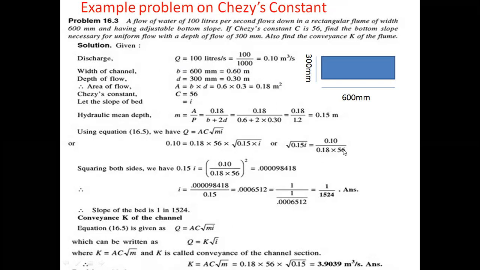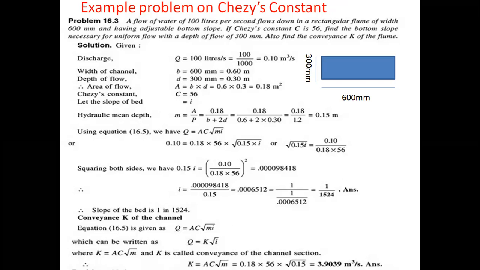Now squaring on both sides, the square and root cancel. Finally, 0.15 I equals the bracket of 0.10 by 0.18 into 56, whole squared.